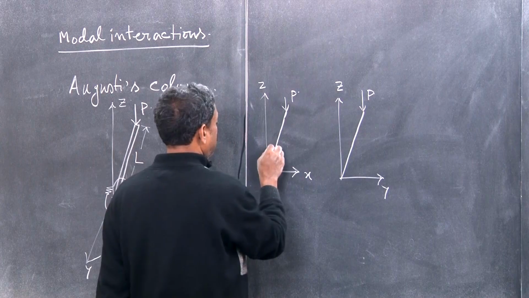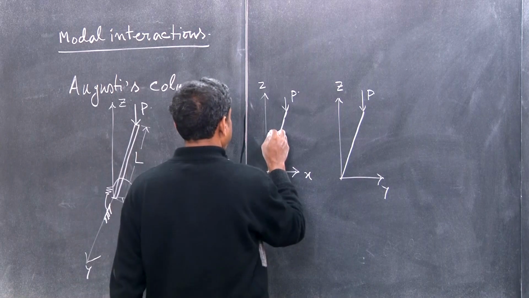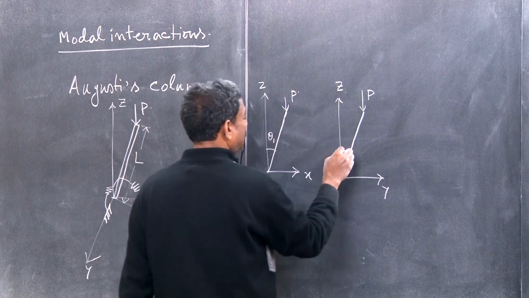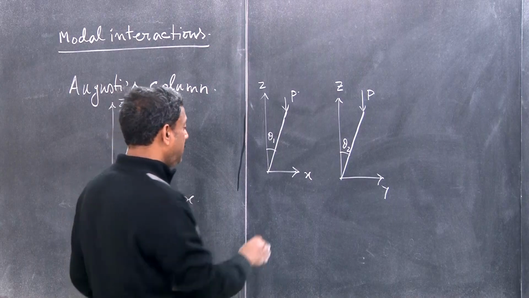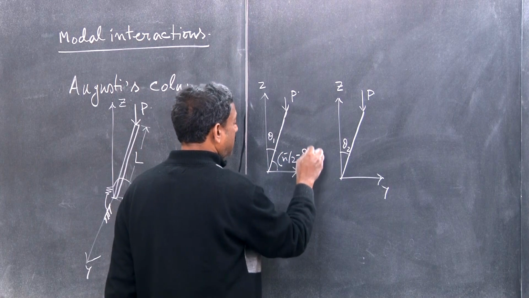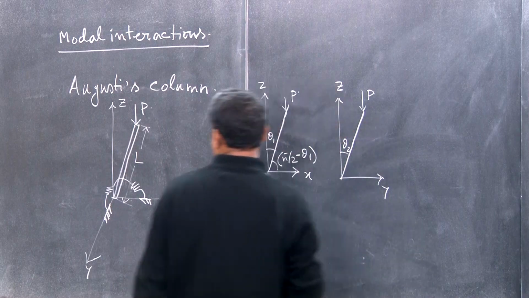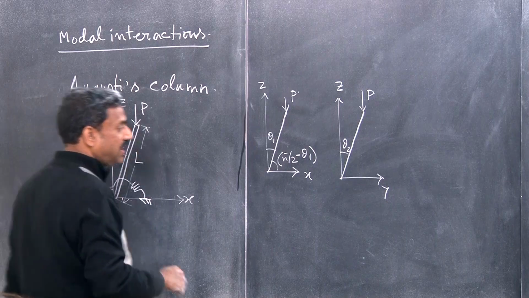Assuming this angle is theta 1, this angle is theta 2, and the other angle will be 90 degrees minus theta 1. The angle that the bar makes with the z axis, I am assuming is phi, right.